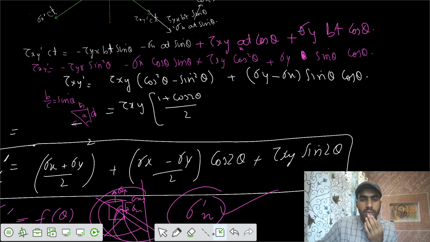Then we have minus 1 minus cos 2 theta by 2, since sine square theta equals 1 minus cos 2 theta by 2.